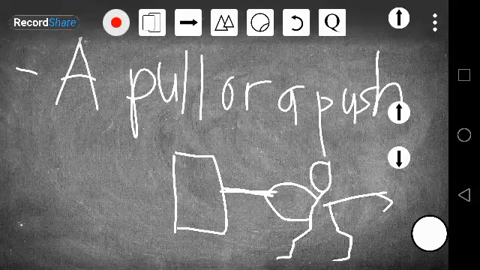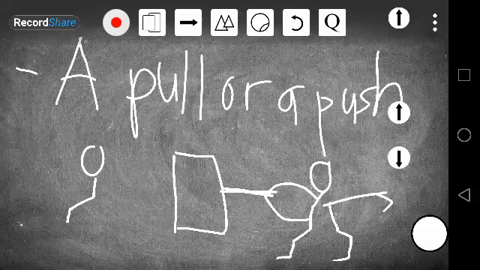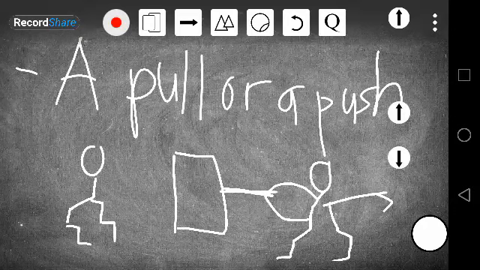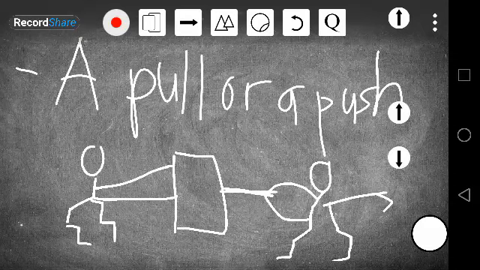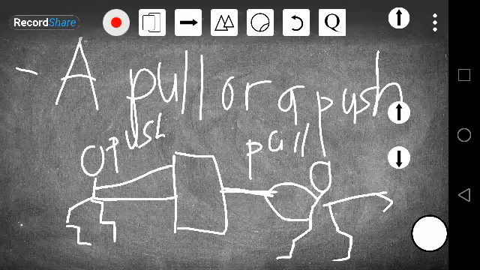Then we might have someone with his hands pushing the block. So this is a push and this is a pull. Basically, that is a force.